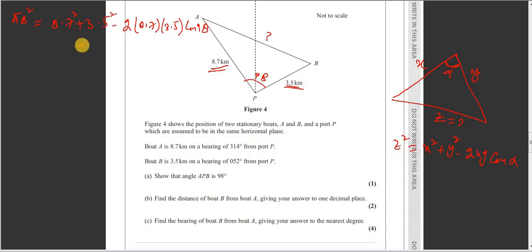After solving, the distance AB equals 9.8 kilometers. This is the distance between the two boats.